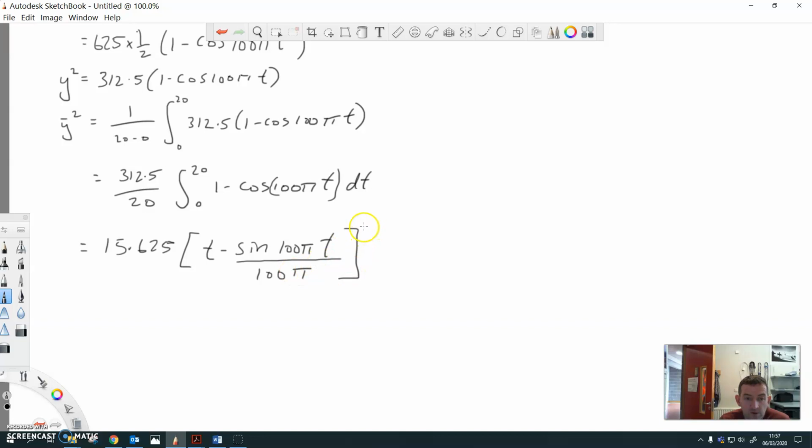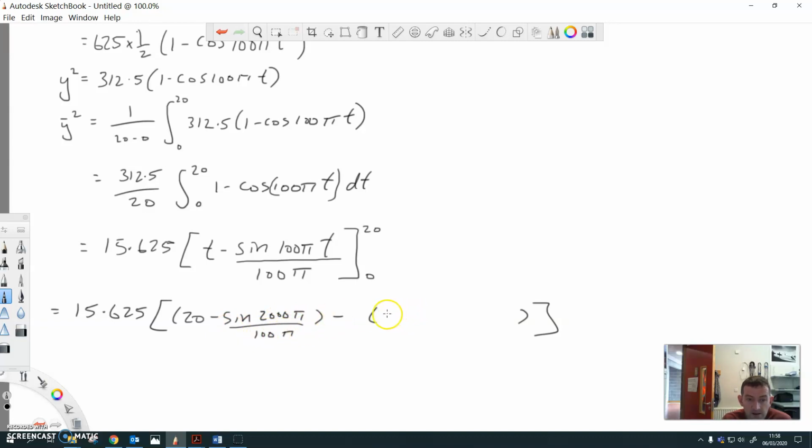And we've yet to apply our limits, so I'll write them out here. Okay, so now we're going to apply our limits. 15.625, open a bracket, minus another bracket here, and we'll use 20 in the first one, so that'll be 20 minus sine 20 times 100 pi, which comes to 2000 pi, over 100 pi.